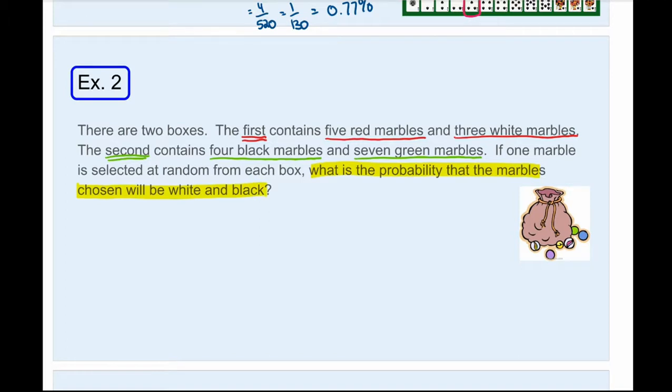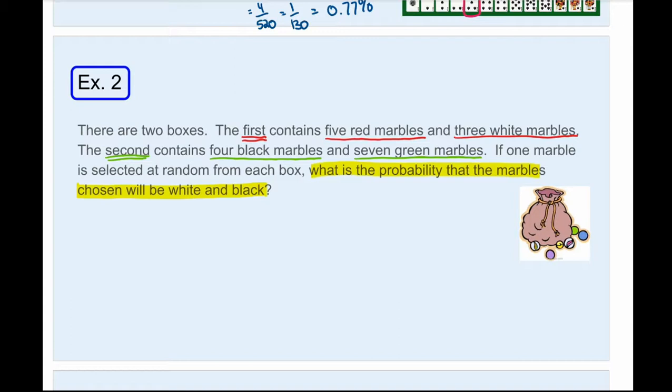So I need to think about these two events. Does choosing 1 marble from the first box affect the outcome or change the probability of me choosing a black marble from the second box? In this case, it does not. These are 2 independent events.